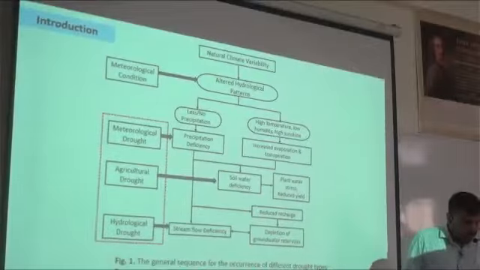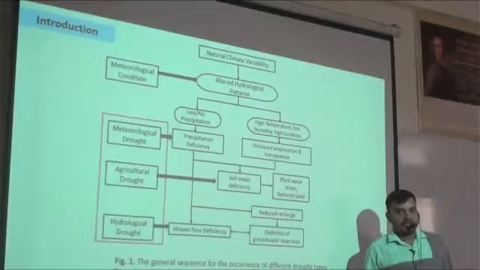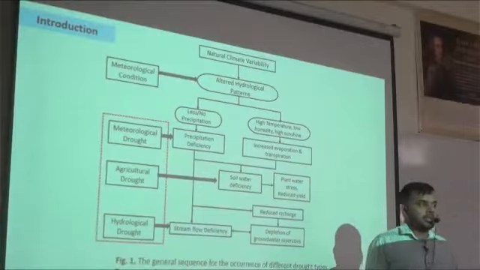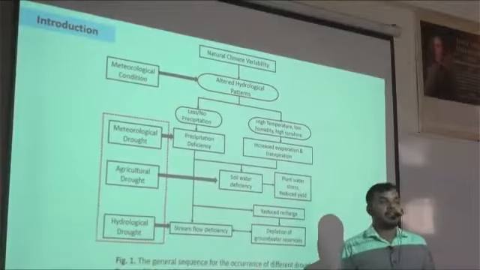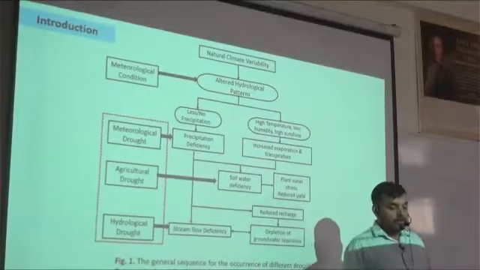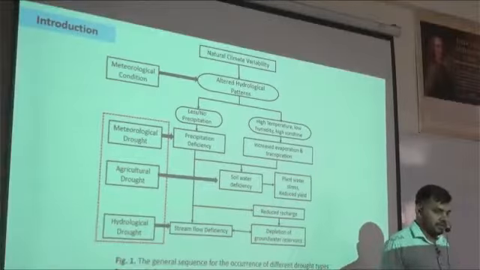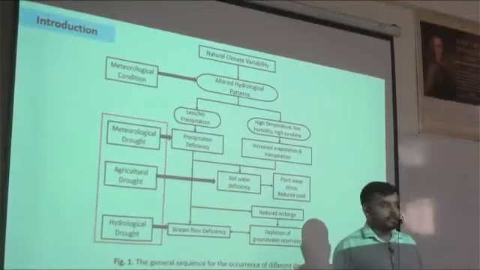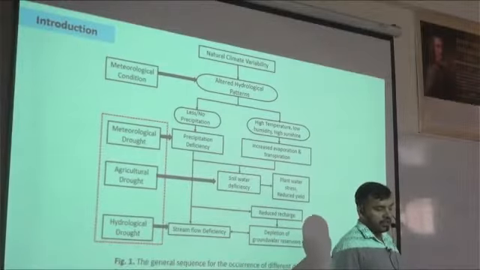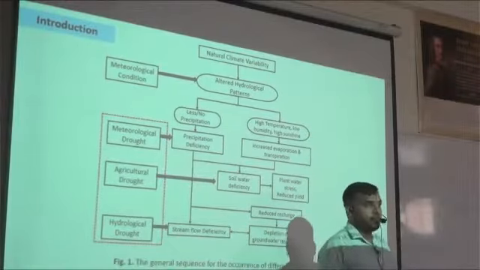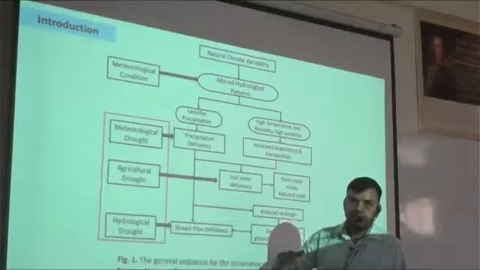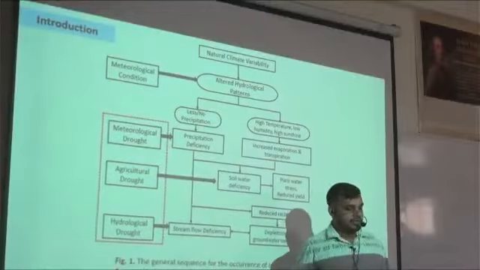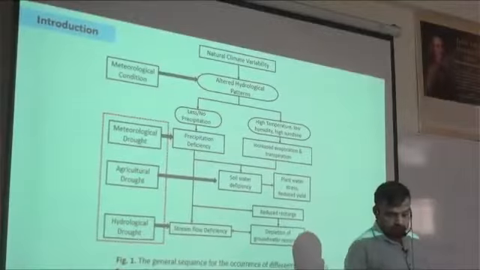This lack of precipitation, or precipitation deficiency, itself leads to meteorological drought. Similarly, due to this variability in the climatic variables, it will cause soil moisture deficiency, and this soil moisture deficiency will result in agricultural drought. And finally, streamflow deficiency means that if the water body falls below its average level, it results in hydrological drought.